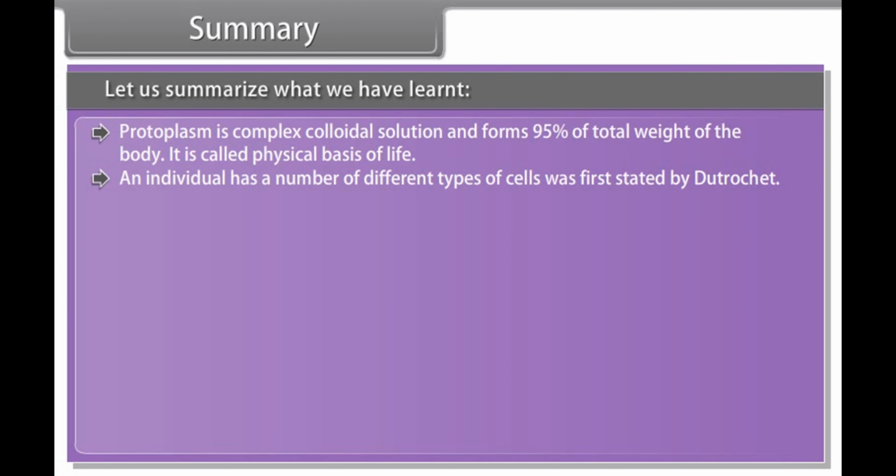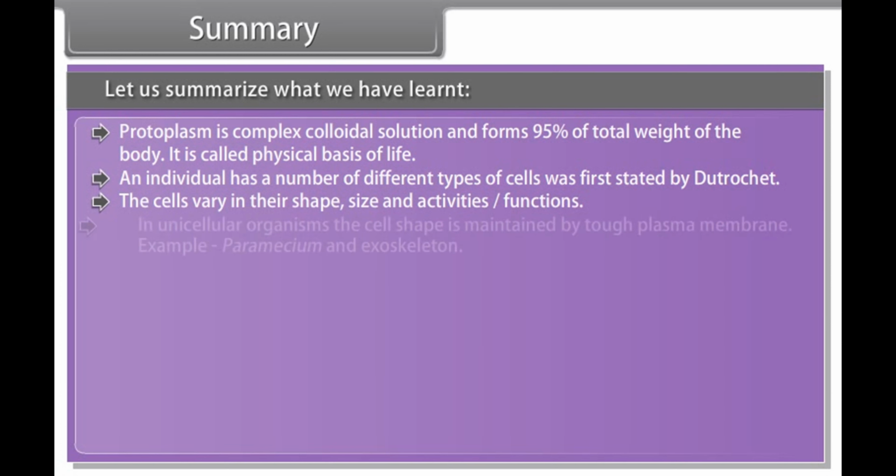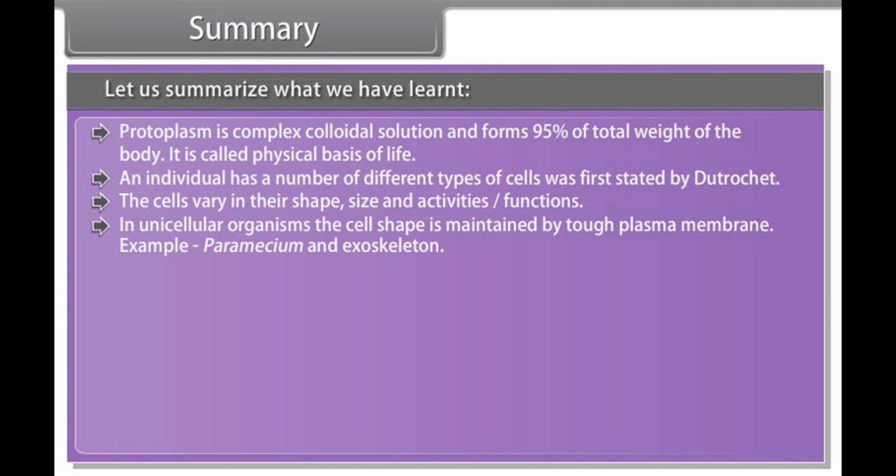That an individual has a number of different types of cells was first stated by Dutrochet. The cells vary in their shape, size, and activities or functions. In unicellular organisms, the cell shape is maintained by a tough plasma membrane, for example, Paramecium, and exoskeleton.